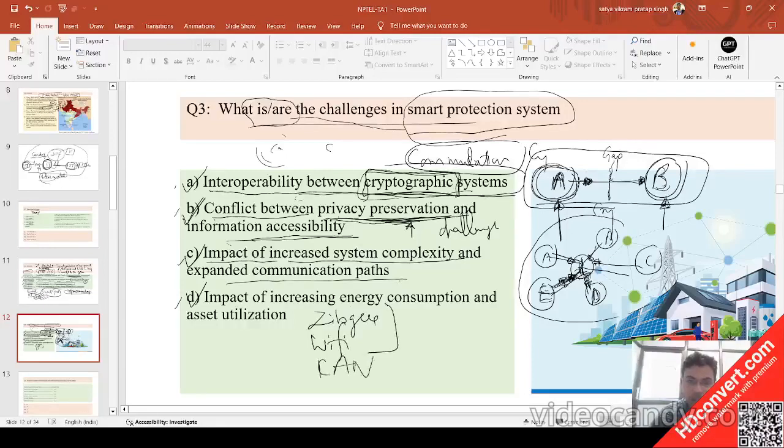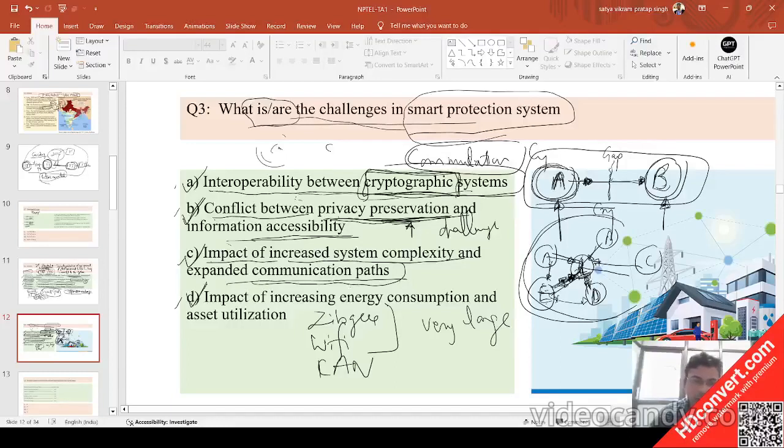So you have a very large number of components in the grid, and you have to communicate with the overall system, so this expands the communication paths. Suppose this L system is communicating with A, B, C, D, E, and E is also communicating with D. This is interoperability, and there will be expanded communication paths.